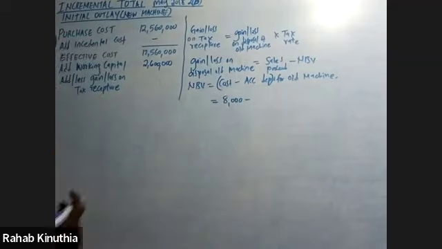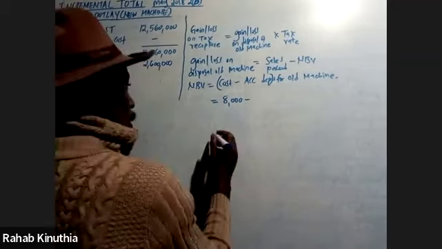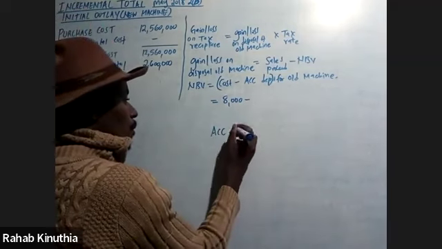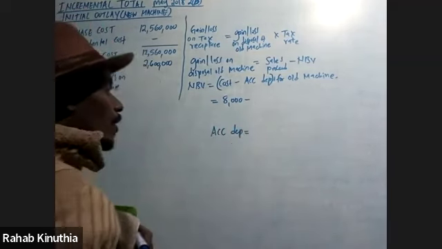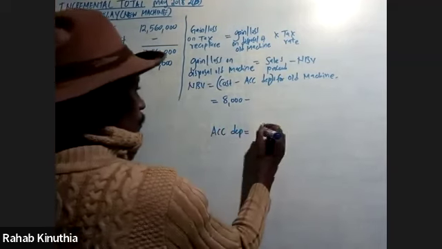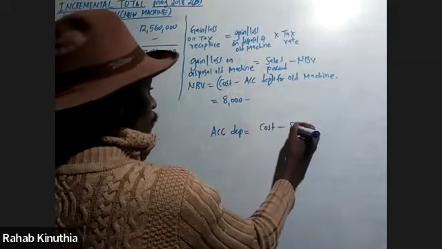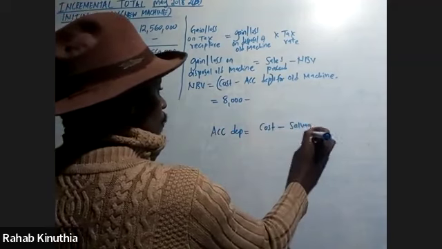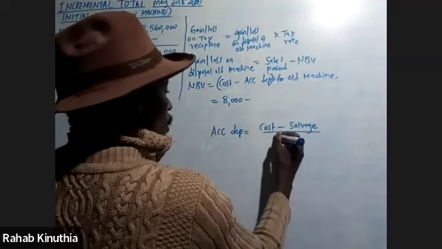Now we need to minus accumulated depreciation. So what's the formula for accumulated depreciation? Accumulated depreciation is given by cost minus salvage value over useful life.